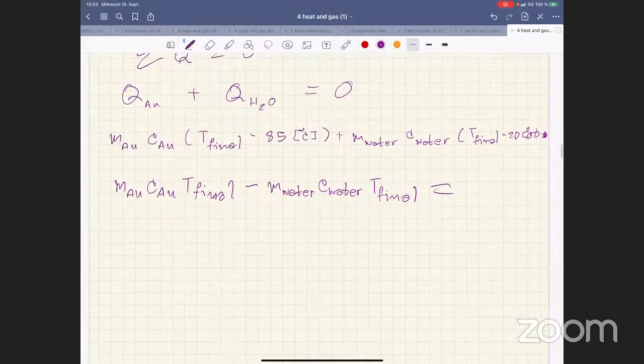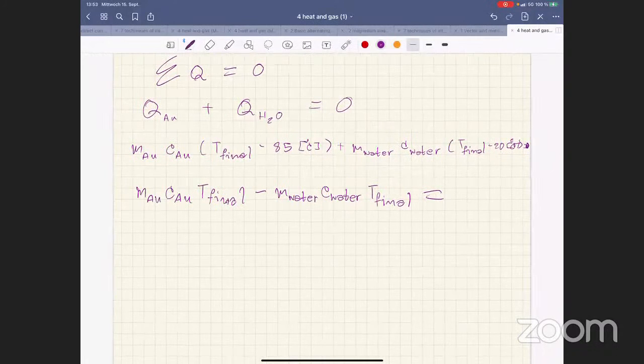On the right hand side, we are gonna have mass of AU, CAU, and number 85. Okay, plus mass of water and the C of water. And the temperature is going to be 20 degrees, right? And this is the left side.